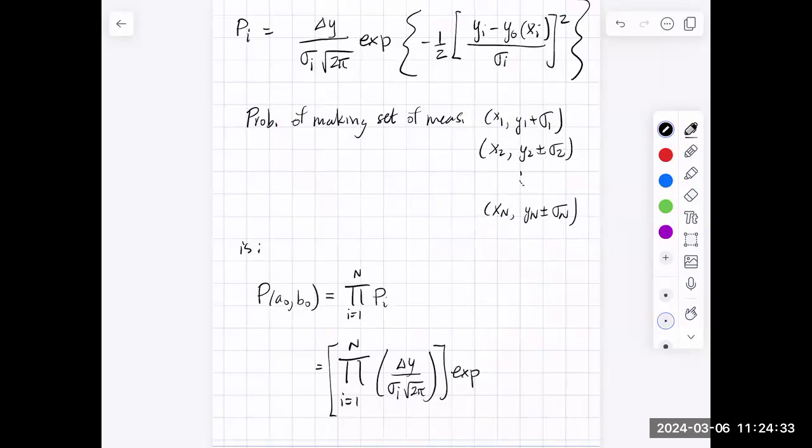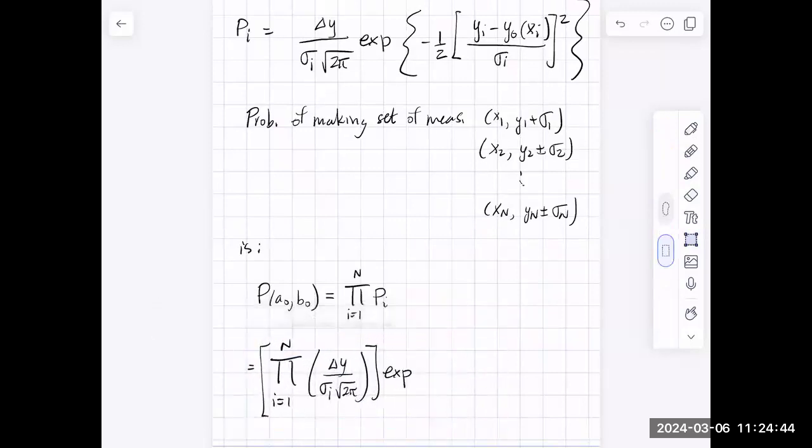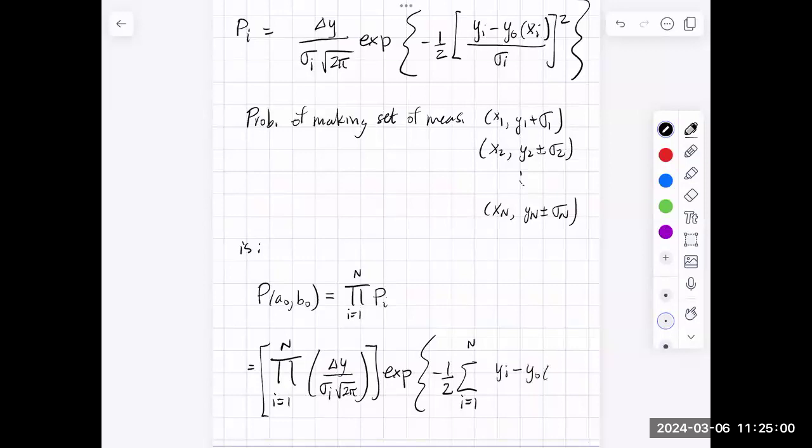And then we have a product of exponentials, which we could write as an exponential of a sum. Okay, so we have our minus 1/2, and then the sum of i equals 1 to n of yi minus y0 at xi divided by sigma i, and then we have to square all that stuff. Okay, good.